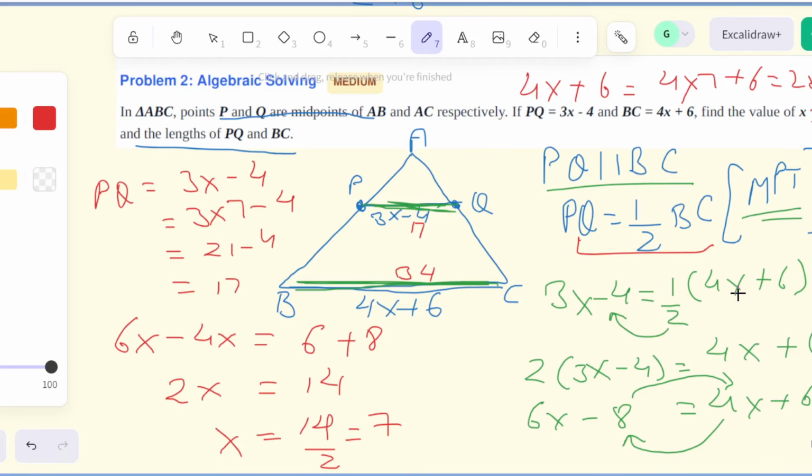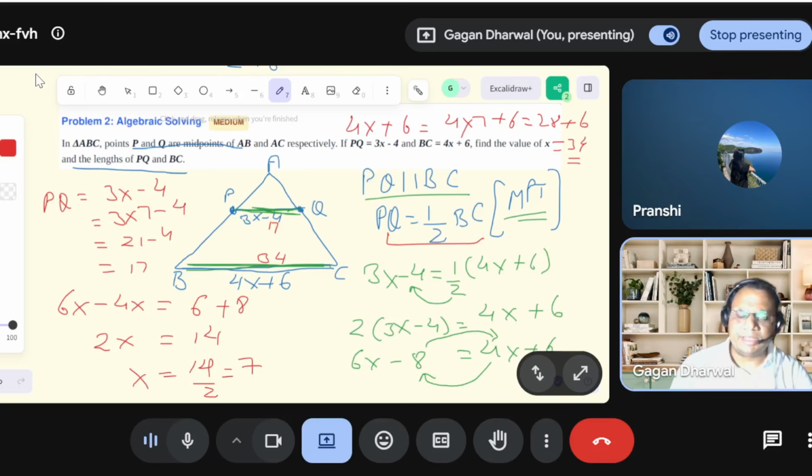Nothing is different from the previous question, Ranshi, just instead of numbers, they have given us the algebraic expressions. And then as per the midpoint theorem, we just established a relationship between these two expressions, because PQ is definitely half of BC as per the midpoint theorem, because P and Q are the midpoints.